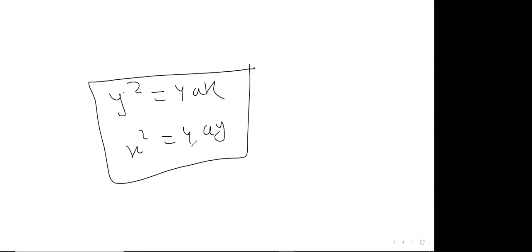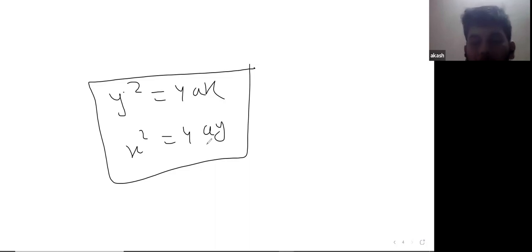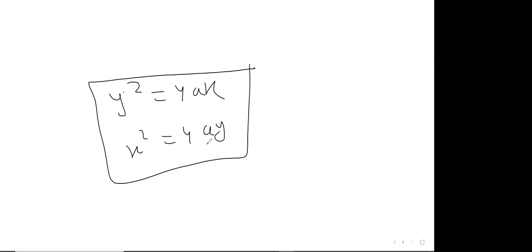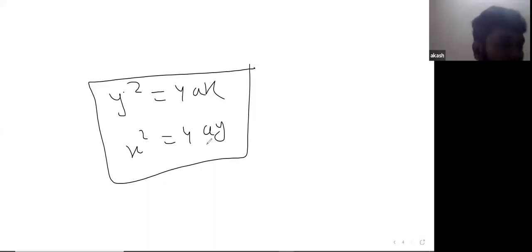It is derived with the help of the condition. This is not derived from anything else; it is derived from finding the locus.